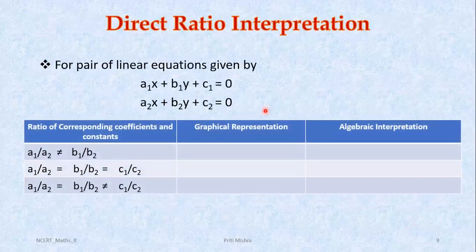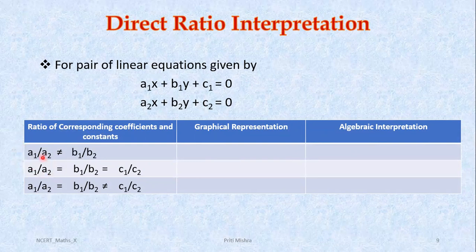So here you can see we are having a table, and we just have to calculate these three ratios, and with the help of that we will find out what kind of graphical representation and algebraic interpretation they are giving us.